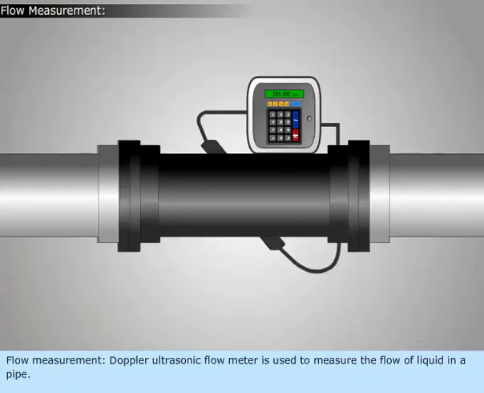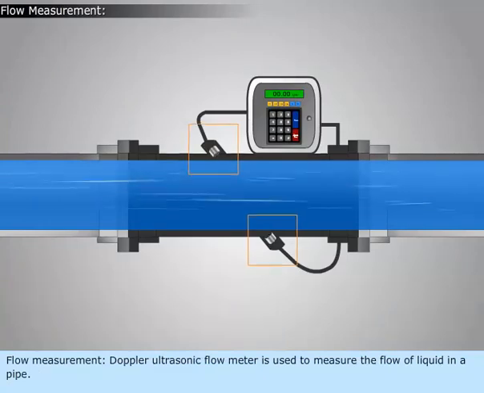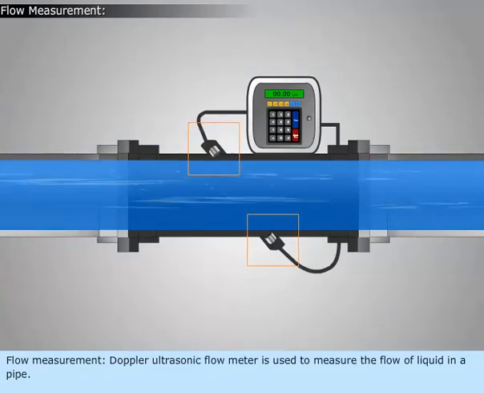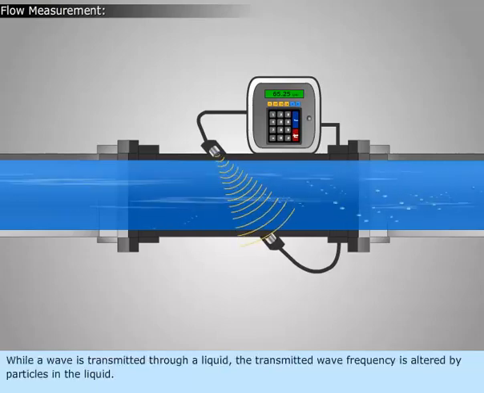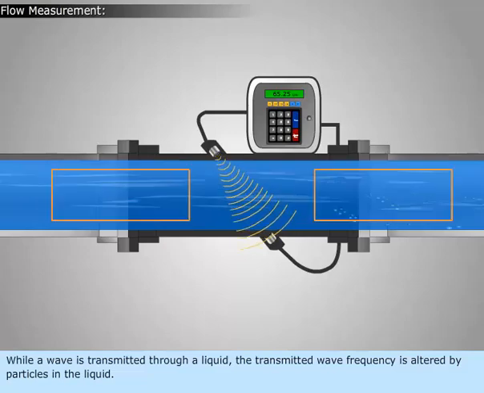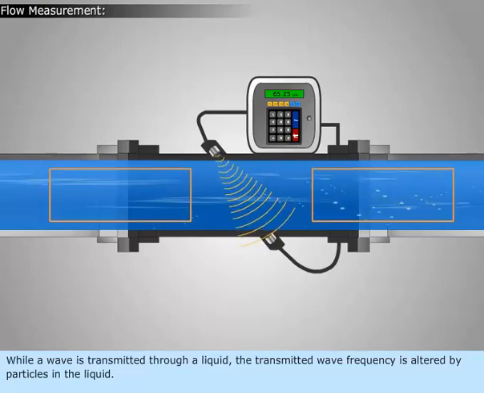Flow measurement. Doppler ultrasonic flow meter is used to measure the flow of liquid in a pipe. This flow meter operates based on Doppler effect. While a wave is transmitted through a liquid, the transmitted wave frequency is altered by particles in the liquid.